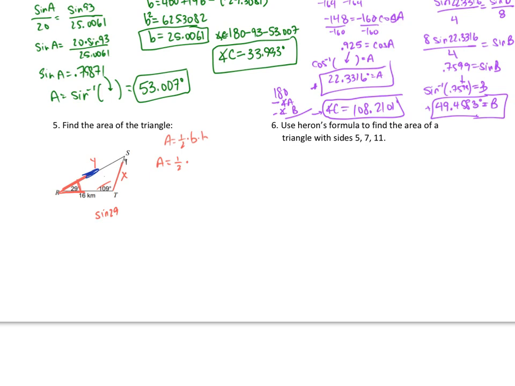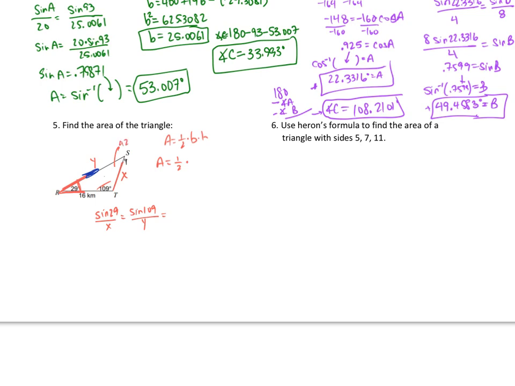So the sine of 29 over x equals the sine of 109 over y, and here this angle would be 180 minus 108 minus 29. So this angle in here would be 42 degrees.